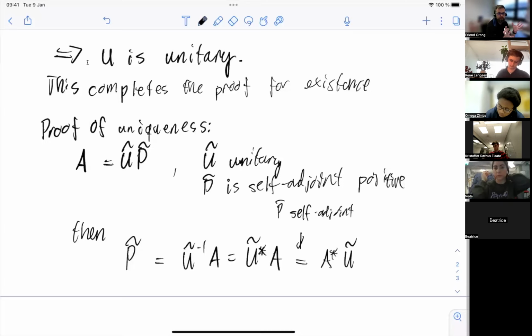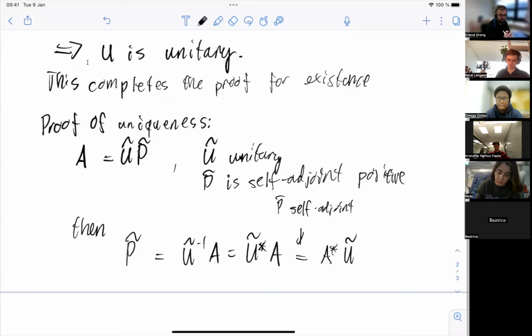So since this matrix is switched around, I should be able to write it in this way here.